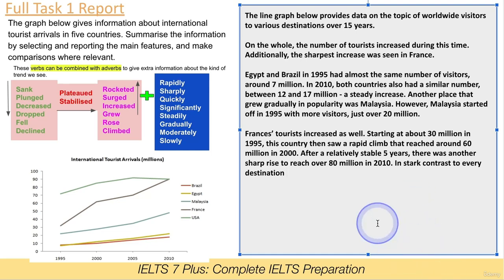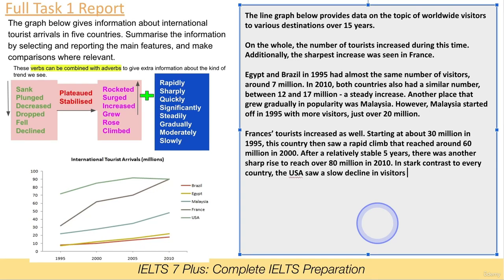We've used destination at the top though, so let's go to every country. Have we used country? Maybe not. Okay, that's good. In stark contrast to every country, the USA saw a slow decline in visitors.